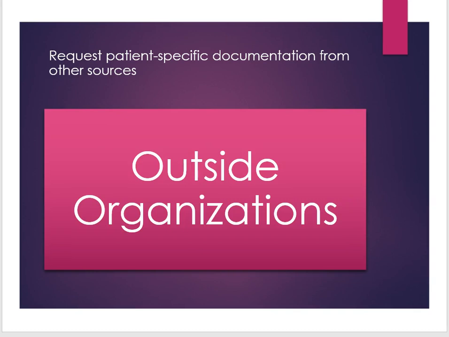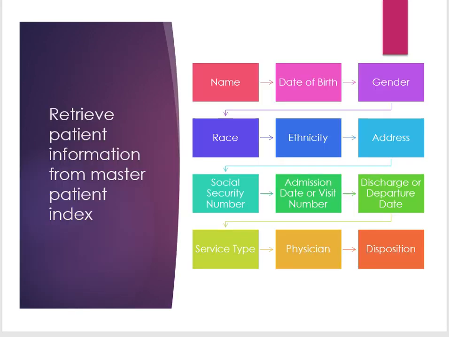You need to know who that external body is and what specific information you need, because you don't need to request the patient's record from birth if you're only trying to figure out what happened to them last week.